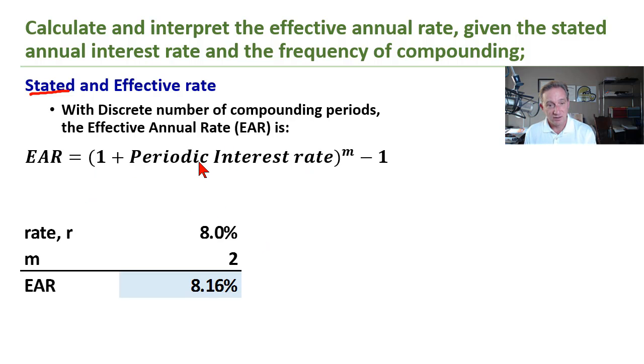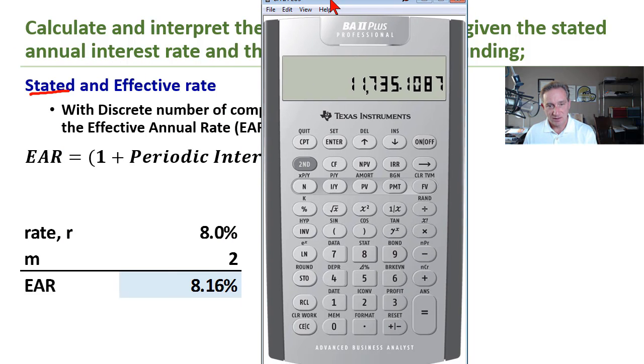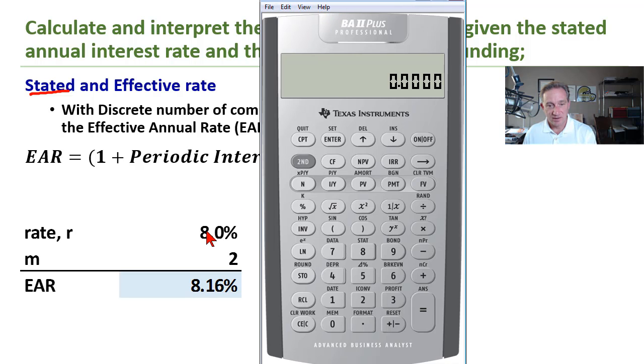And here we can convert that stated rate into the effective rate with this formula: 1 plus the periodic interest rate, that quantity raised to the m, subtracting 1. If I do that with the calculator, I'm starting inside out. My periodic interest rate is my 8% divided by 2 periods, so it's 4% per period.